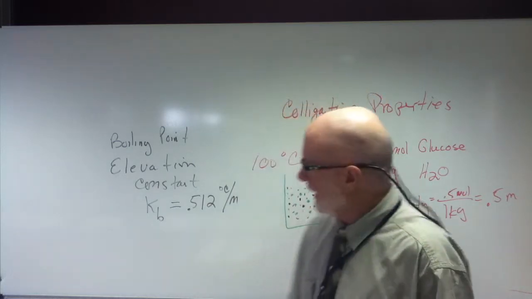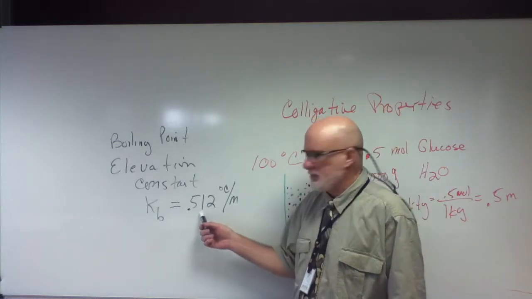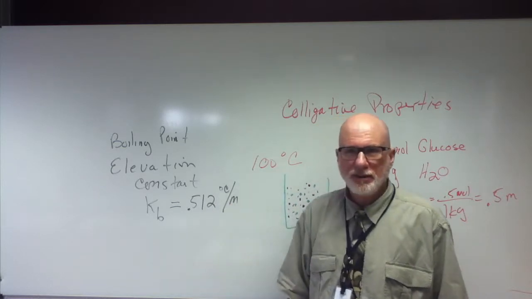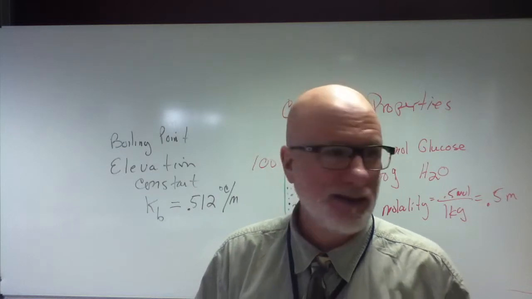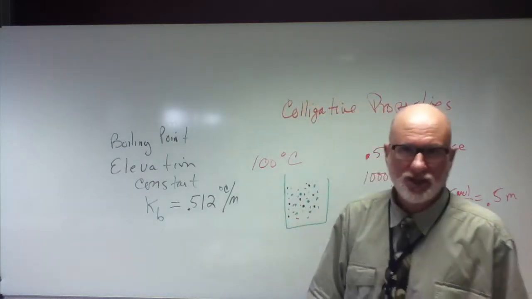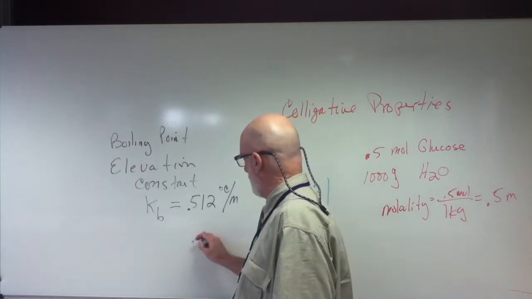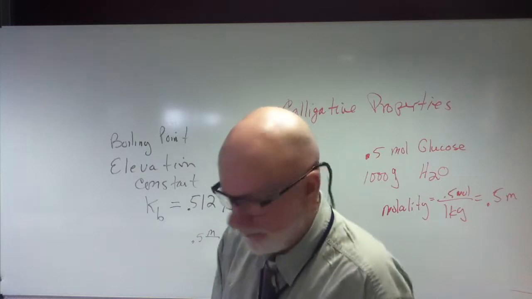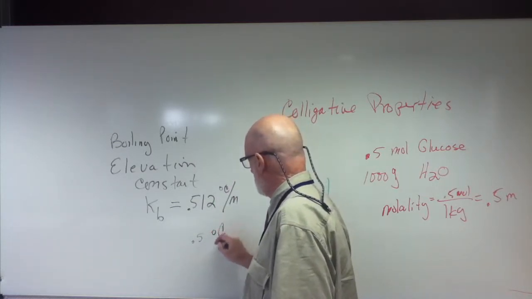So what would I multiply this by to cancel out molal, so I'm left with boiling point elevation? I'd have to multiply it by the molal of the solution, wouldn't I? So it's going to be 0.5 molal, sorry, the other way around, 0.5 degrees Celsius.